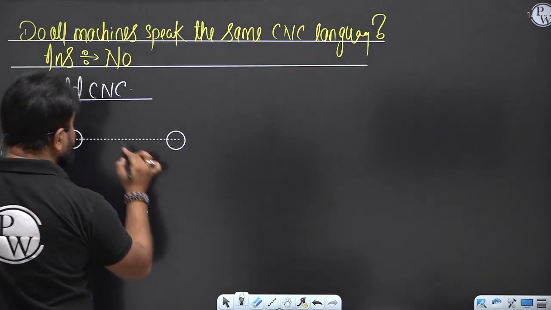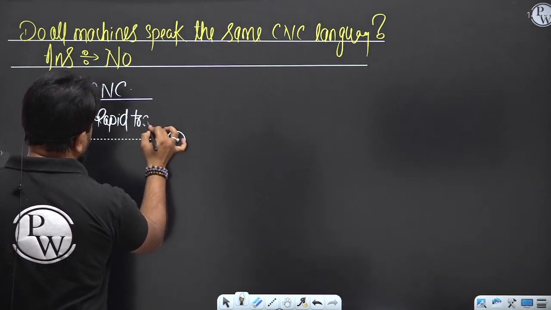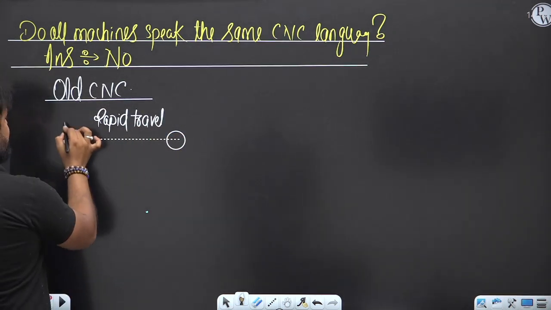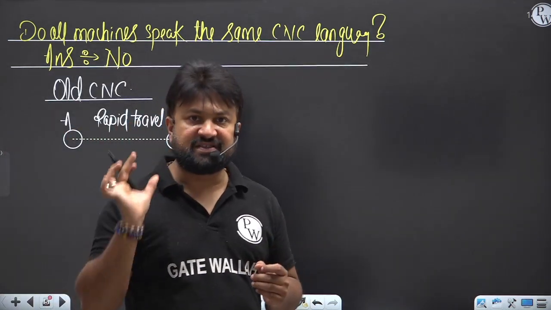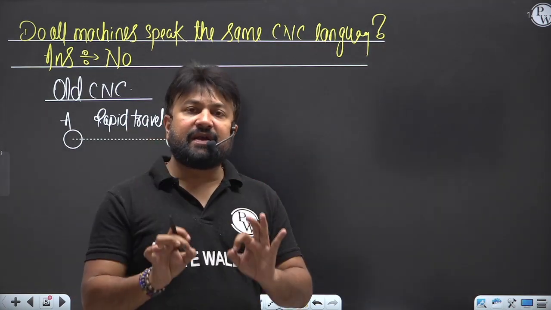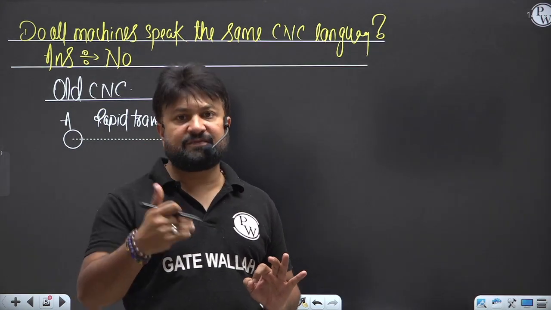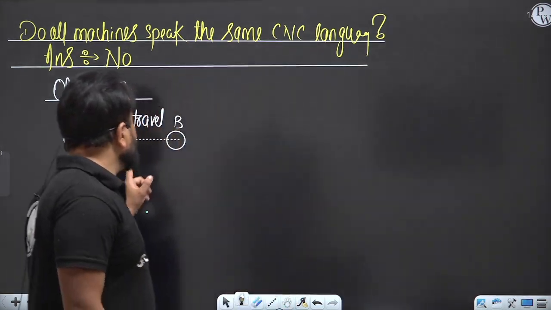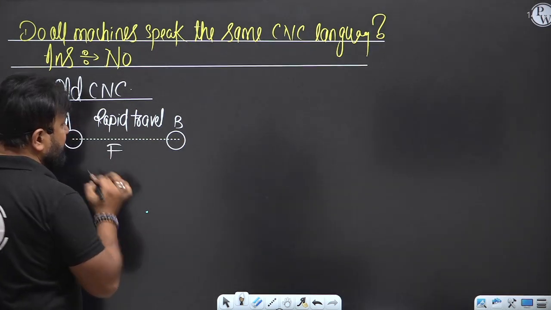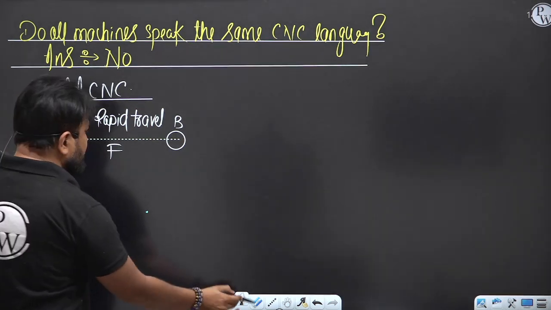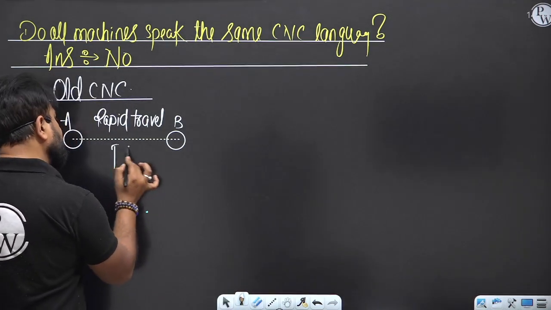Here the tool is moving at very rapid travel, meaning it moves from point A to B with its fastest travel speed, but not doing any operation. Earlier this rapid travel command was given by capital F.